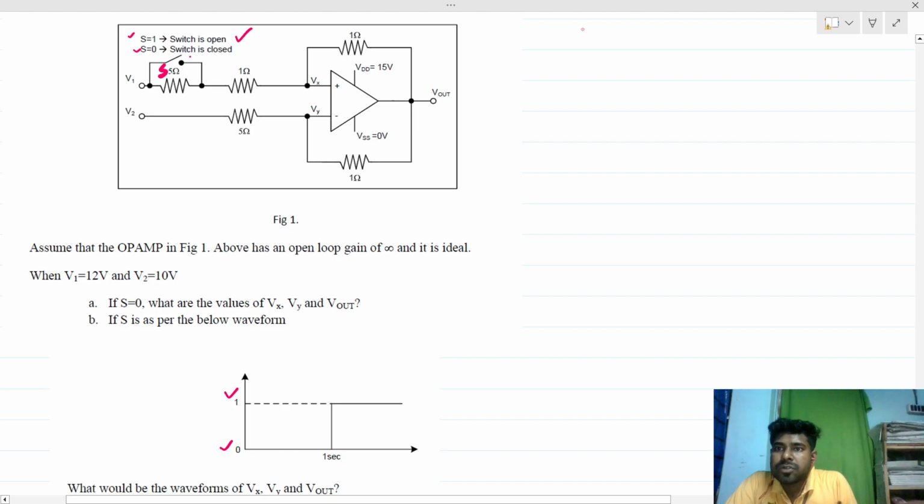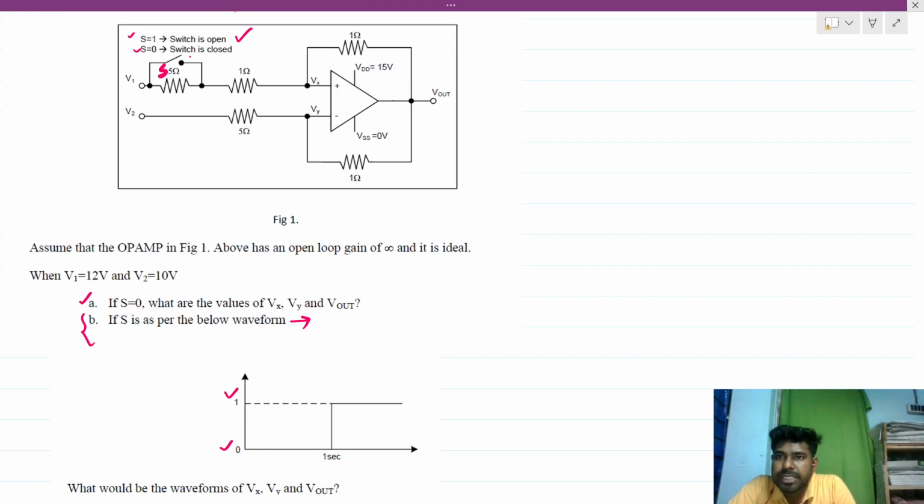So basically this is the second case, case b, when this waveform comes into the picture. For our first case, S is always 0, which means the switch is always closed. Then if the switch is always closed, what will be our equivalent picture?